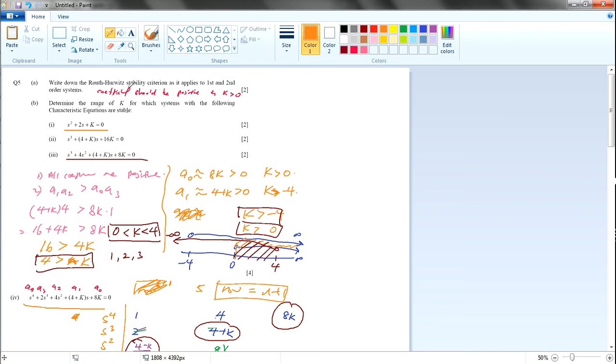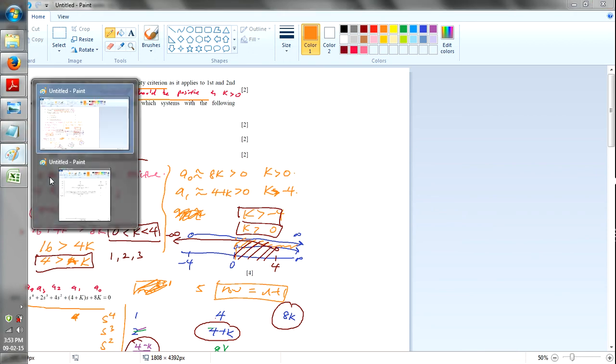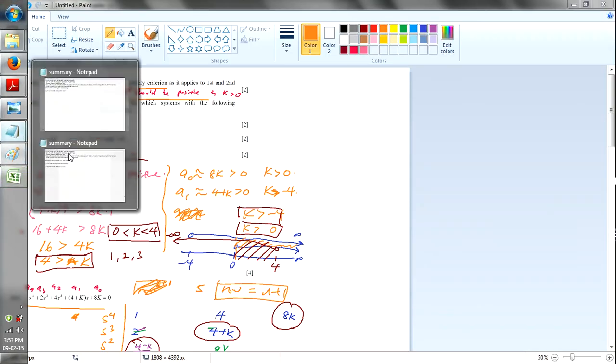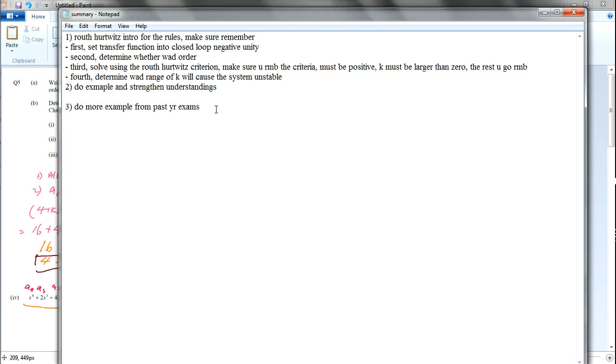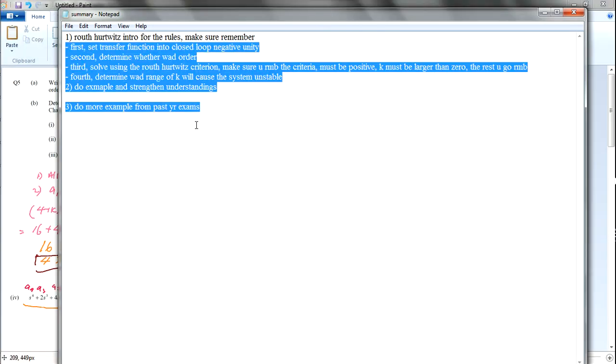As you can see, this is the third order, there is no second order, and then suddenly it becomes first order. In this case, you need to also prove why this is not stable. Also, you have to remember the criterion. It should be in your head, resonating. With this, I believe I have cleared all the summary for all the Routh-Hurwitz.